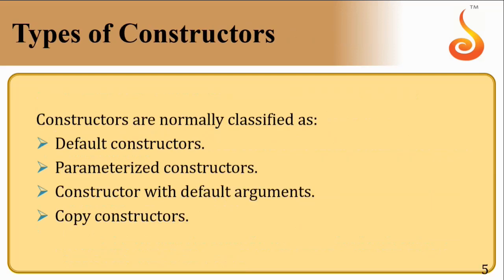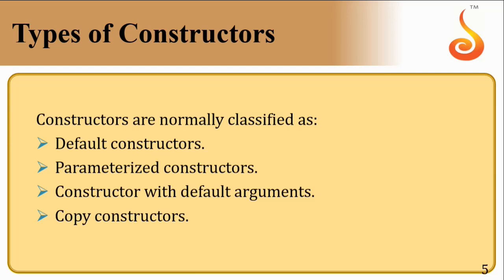types of constructors. There are different types of constructors. Default constructors, that is constructors without any arguments. Parameterized constructors are those to which you pass parameters or arguments. A constructor with default arguments is, suppose I have a constructor to which I need to pass two arguments, but I can set default values.